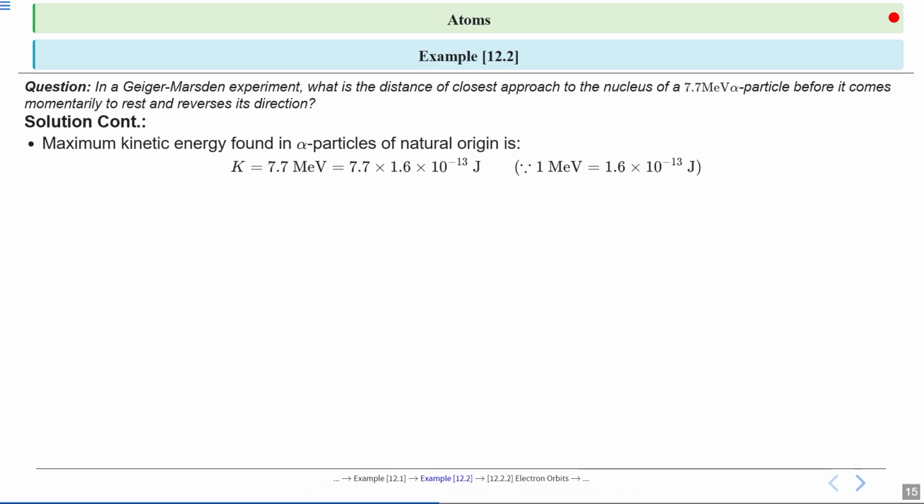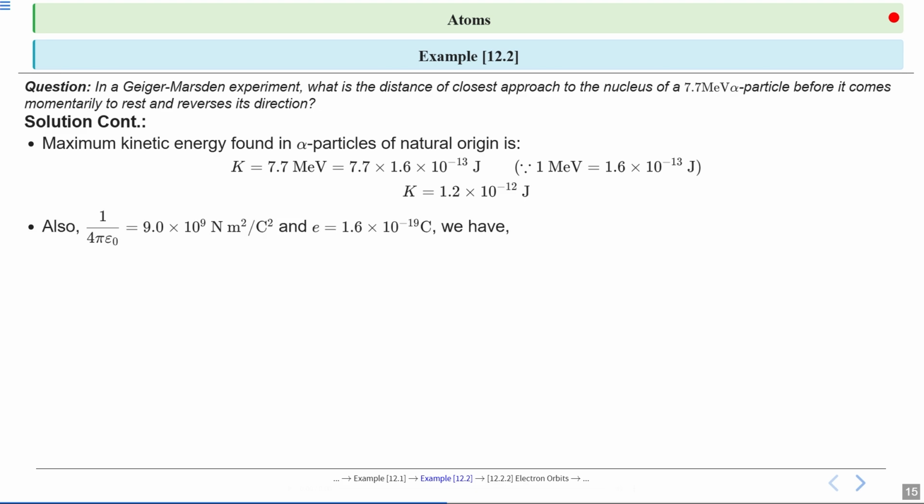So 7.7 mega electron volt becomes 7.7 times 1.6 times 10 to the power minus 13 joules. Multiplying those numbers, we get kinetic energy as 1.2 times 10 to the power minus 12 joule. Small as the value is, atomic scale energies are tiny compared to everyday amounts, but they are huge for particles like alpha particles.